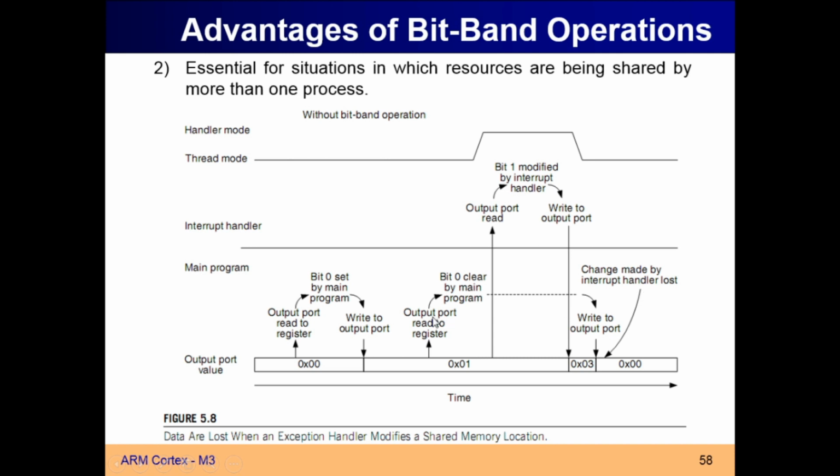So this is one of the disadvantages of using the non-atomic read, modify, write. Why does this problem arise? Because the same resource, the same data present in the output port, was shared by the main program and the interrupt handler, right? And since bit banding was not present here, the read, modify, write was not atomic in nature, so that it was interrupted in between.